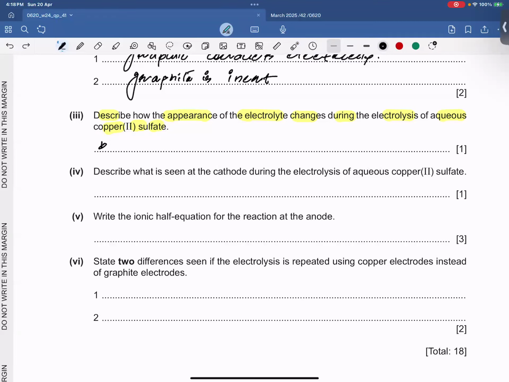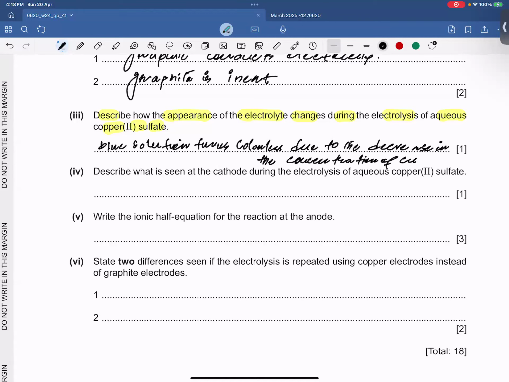So what we can write here is a blue solution turns colorless due to the decrease in the concentration of copper ions.